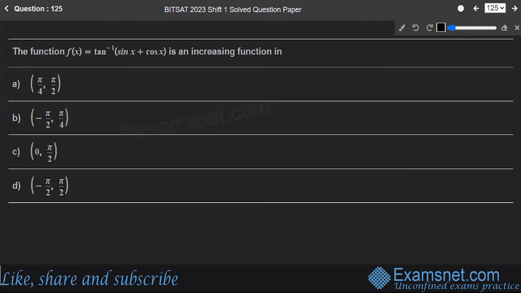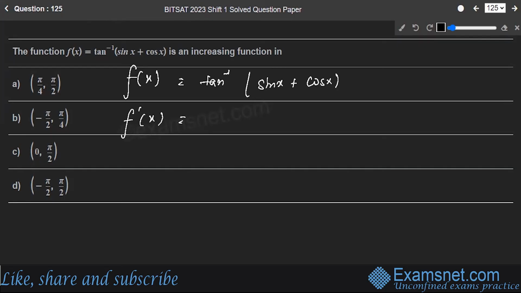Hope you understood this. Next is 125 question. The function f(x) is equal to tangent inverse of sin x plus cos x is an increasing function in. So let's write down. You have f(x) as tangent inverse of sin x plus cos x, or let's find out the derivative of it.